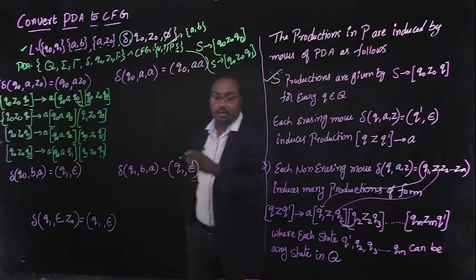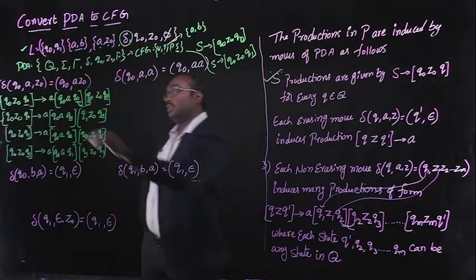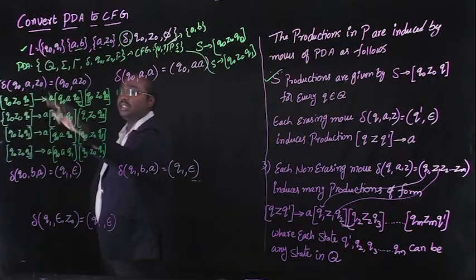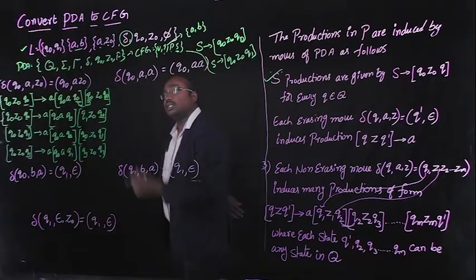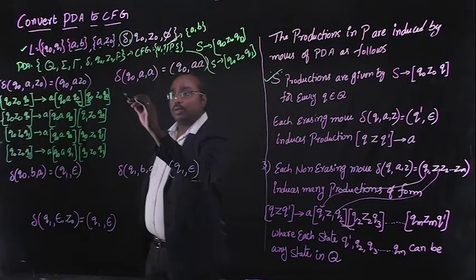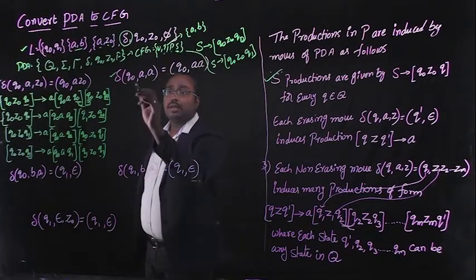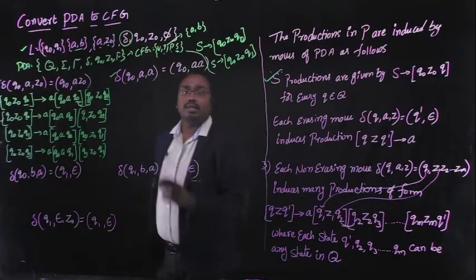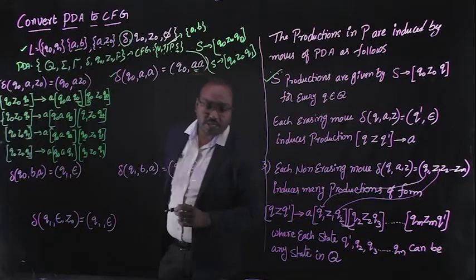So these are the possible productions for this transition delta q naught, a, z naught, where I am pushing the elements onto the stack. Here I'm writing one more transition, like delta q naught, a, q naught, a. Here also we can push the elements onto the stack.